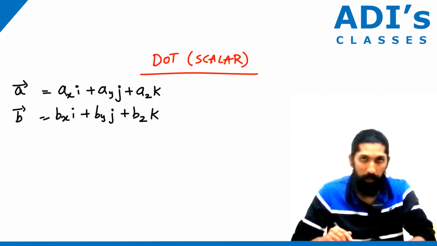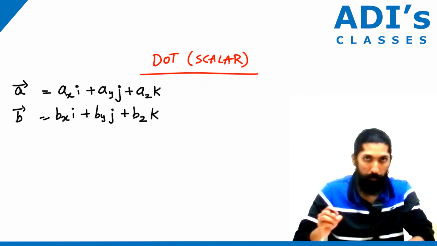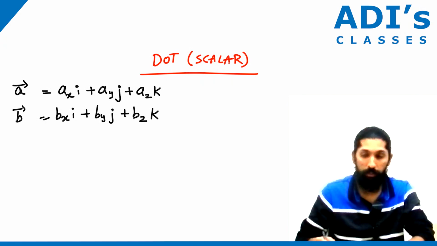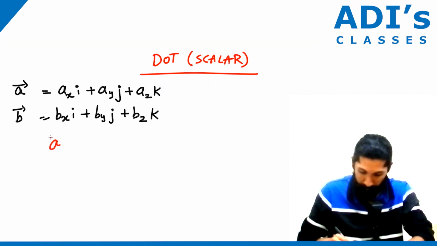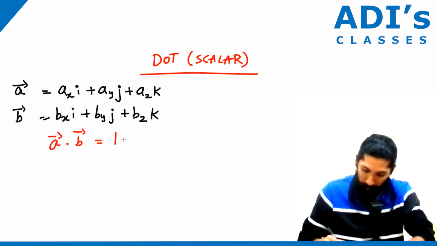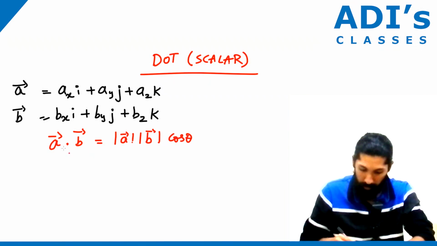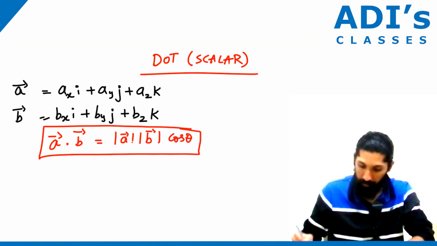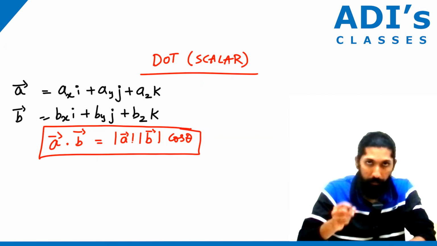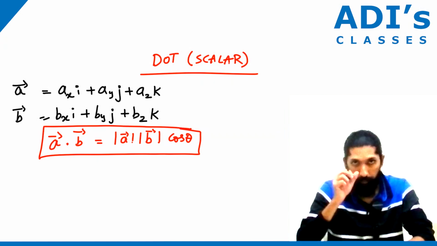Now the dot product between these two vectors is defined as A dot B equals mod of A into mod of B into cos theta. This is how we define the dot product. Theta is the angle between the two vectors, A and B.